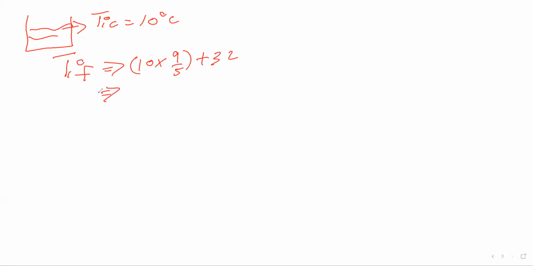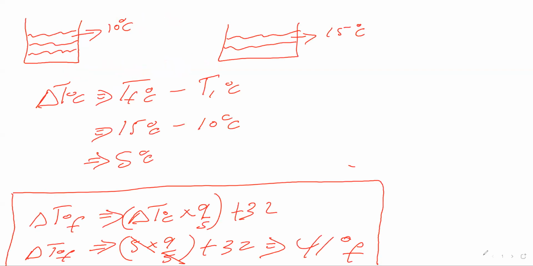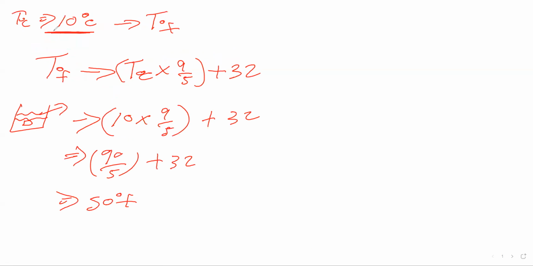Yes, sir. Could we go back here one more time, please? Which part? The part where we converted the 10 degrees Celsius. All we're doing is applying the same formula that we established. When you're converting from degrees Celsius to degrees Fahrenheit, you can use this formula.